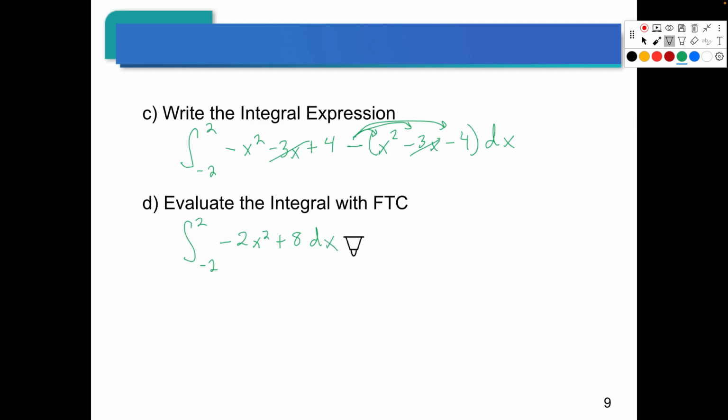And again, we just go through the same steps we did earlier using FTC, which is the fundamental theorem of calculus. We integrate it, add 1 to the exponent. And again, maybe here I'll switch the order. Let me do the 8 first. So I get 8x minus 2x to the third over 3, right? Add 1 to the exponent, divide by that new exponent.